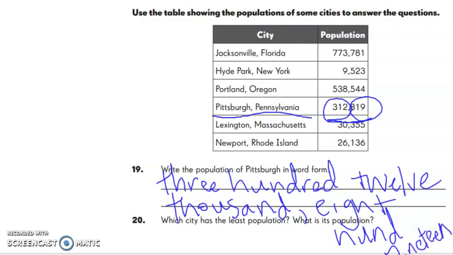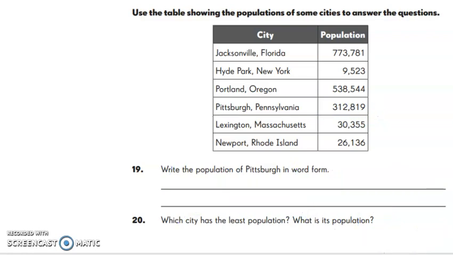Okay. And then the next question, which city has the least population and what is its population? So let's look and see. Okay. Which one is the smallest? Well, this one is out in the 100,000s, as are all those ones. These other 3 are not. So I'm going to go ahead and cross those off because I can tell right away those are bigger.